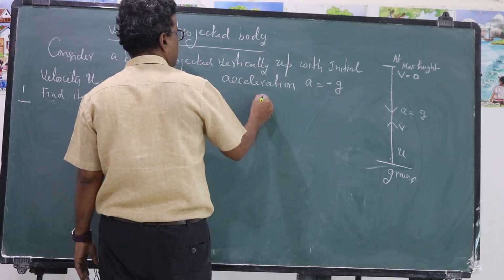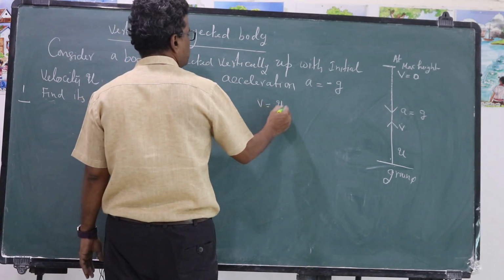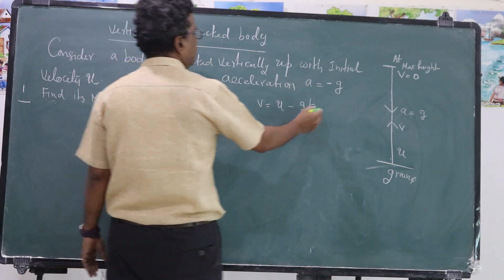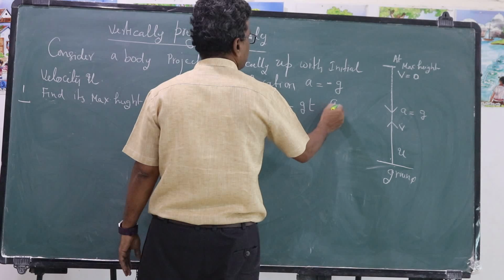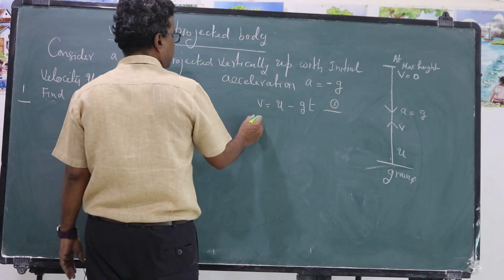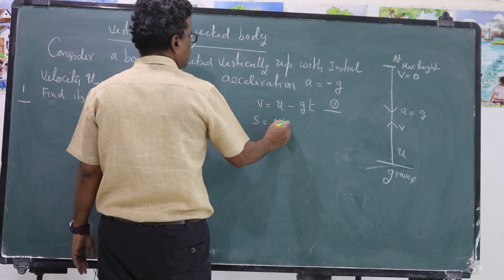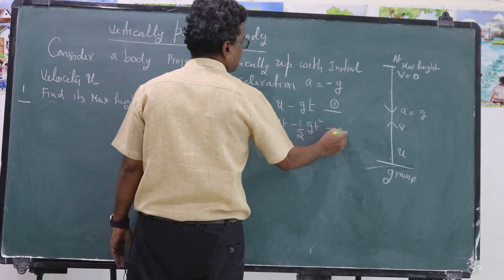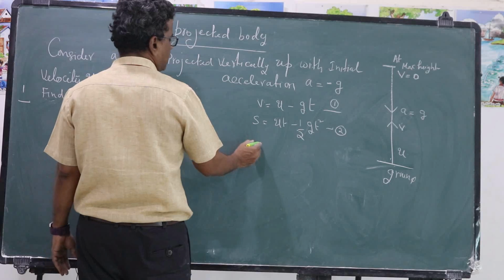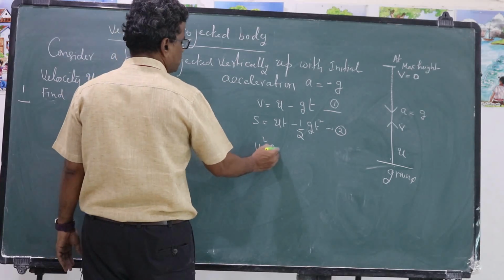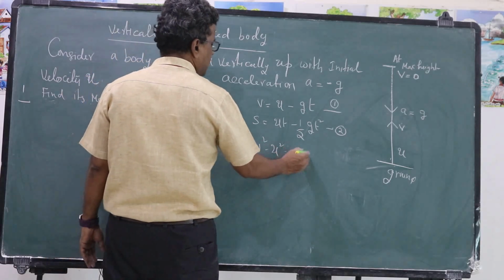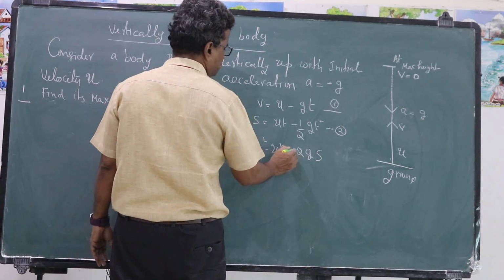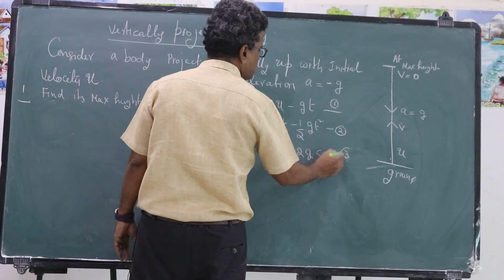First equation of motion: v is equal to u minus gt. Instead of a, I am writing minus g. Second: s is equal to ut minus half gt square. Third: v square minus u square is equal to minus 2gs, instead of a, minus g.